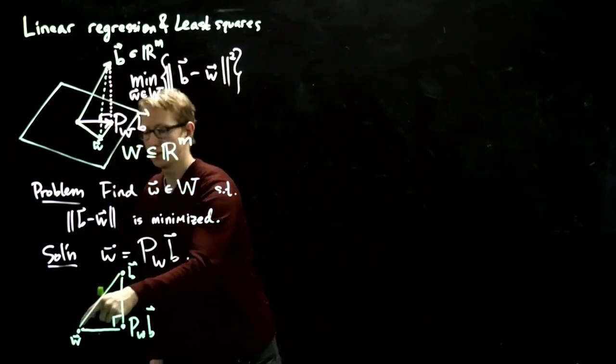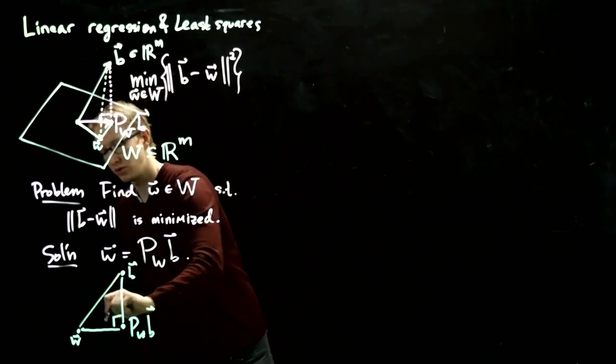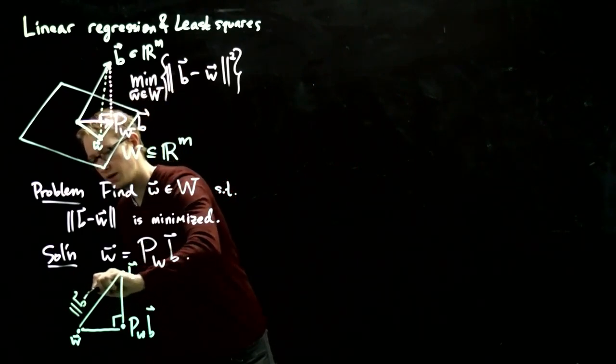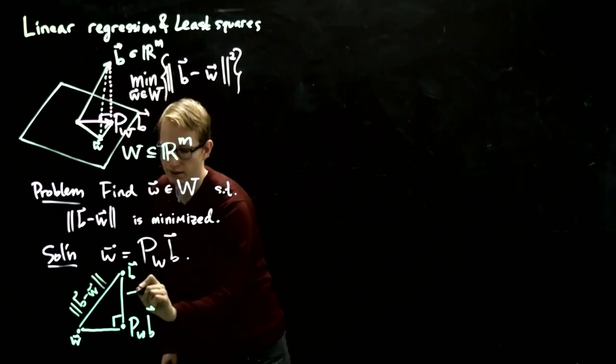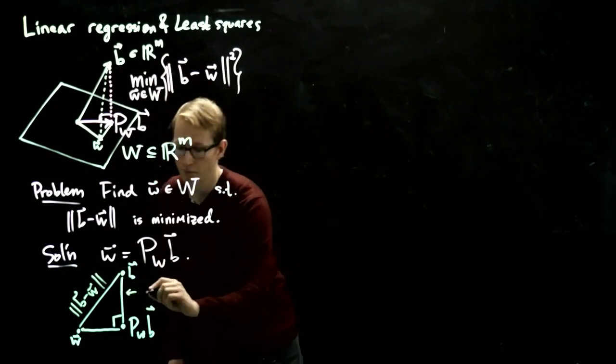Here, this is the hypotenuse of this triangle, and it's the distance from B to w. And this distance is the minimizing distance, supposedly.